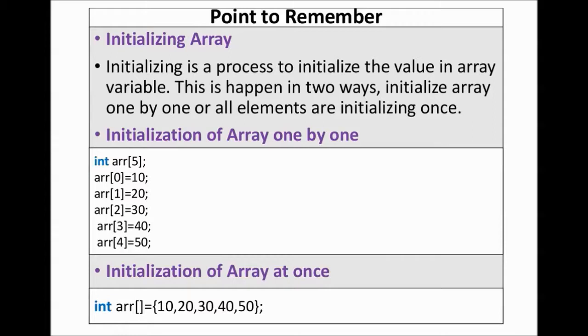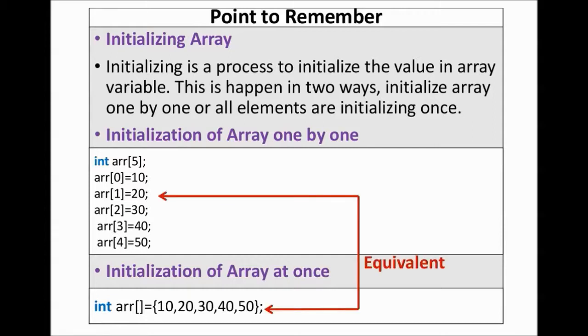Or we have another way to initialize an array: int array[] = {10, 20, 30, 40, 50}. Here we initialize all the elements at once. So these two initializations of the array are equivalent.